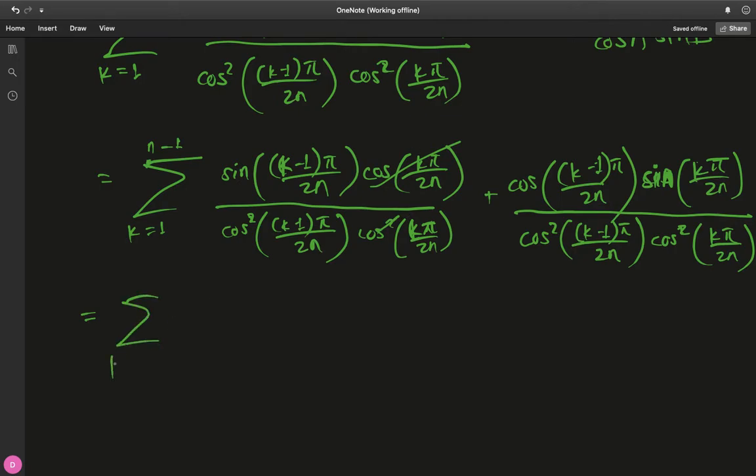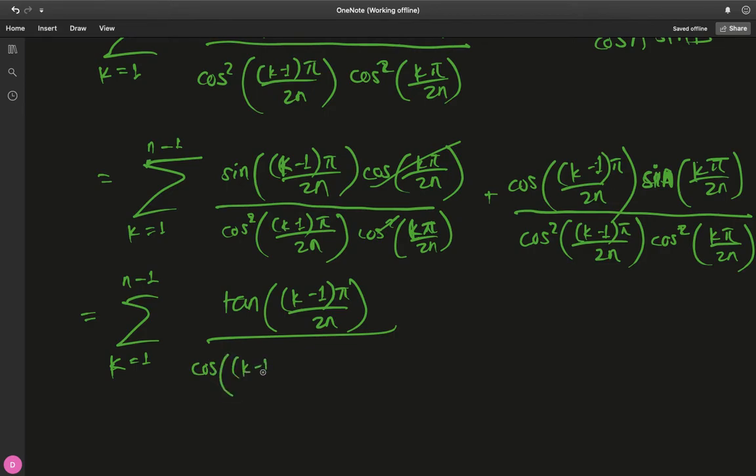So we have the sum from k equals 1 to n minus 1 of tan of (k minus 1) pi over 2n, while a single factor of both of the cosines remains in the denominator: cosine of (k minus 1) pi over 2n times cosine of k pi over 2n.